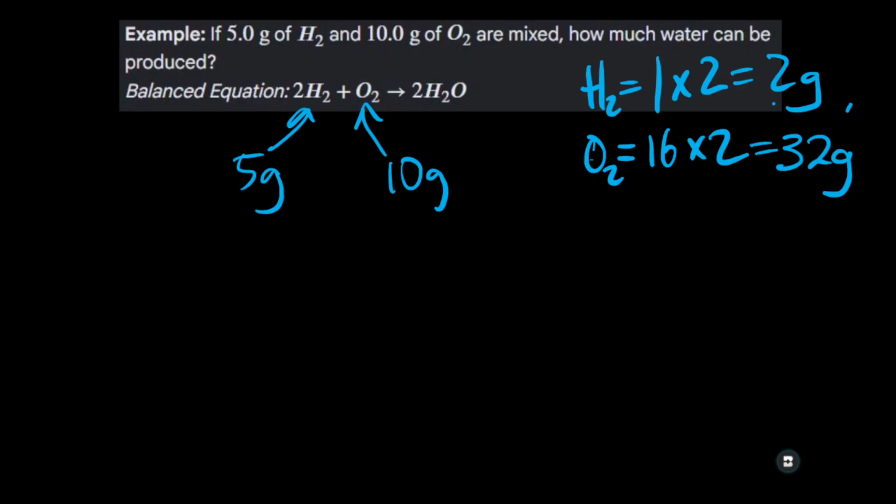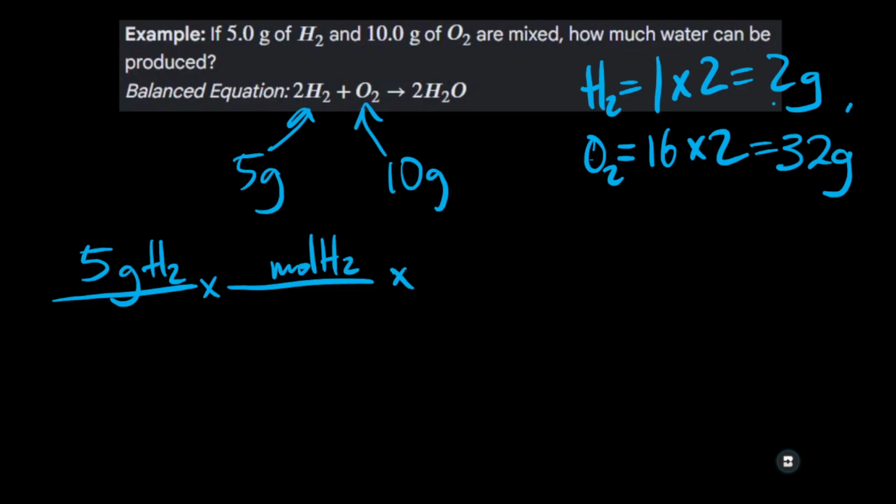So let's do the calculation. We have 5 grams of H2, then mole H2, and then we'll get to mole O2, and then to grams O2.